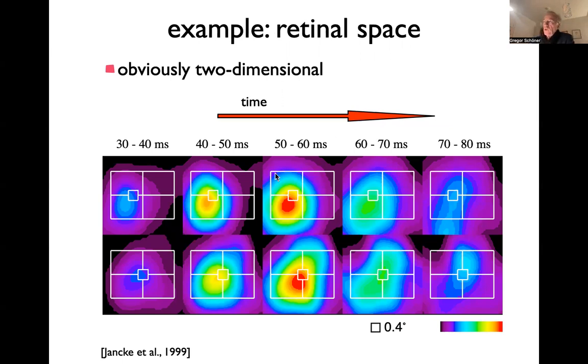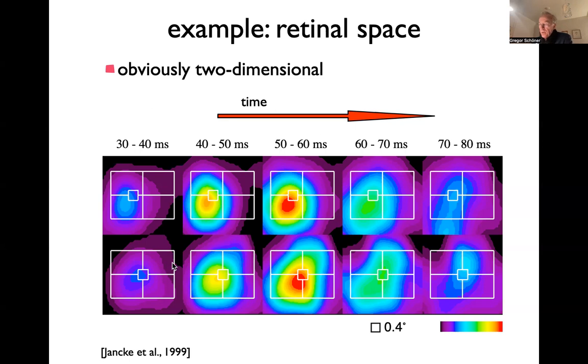I already showed you examples of two-dimensional fields estimated from neural data. This was work using the distribution of population activation, where the space that was represented was two-dimensional, the retinal space. The white square here scans out a certain part of the retinal space where the fovea was here on the left, and a particular stimulus was brought up in different locations in space.